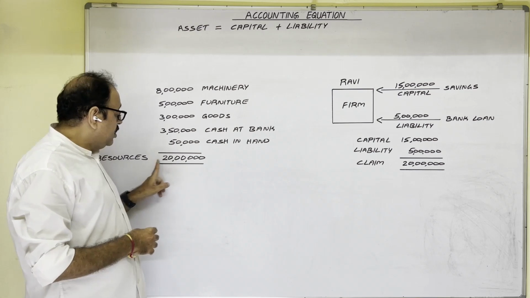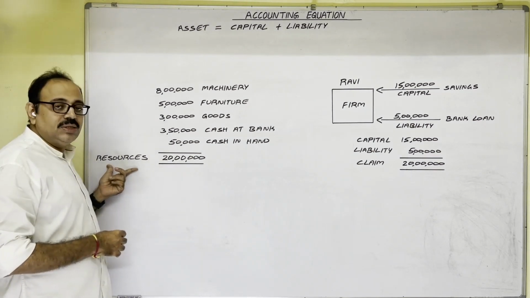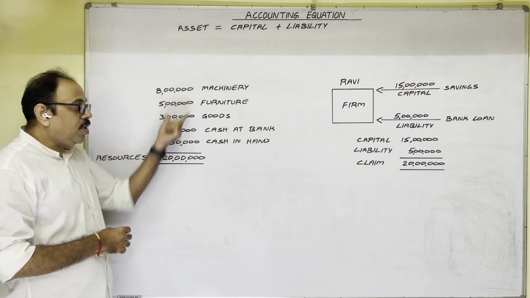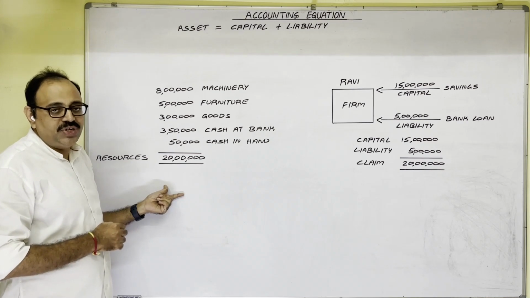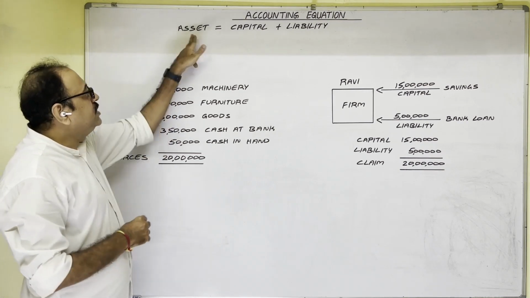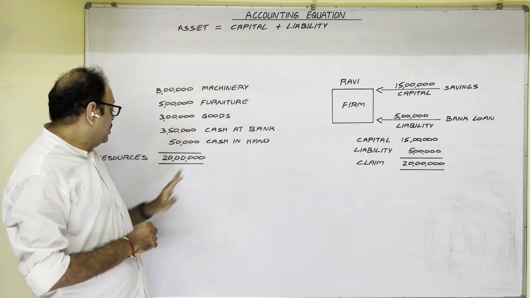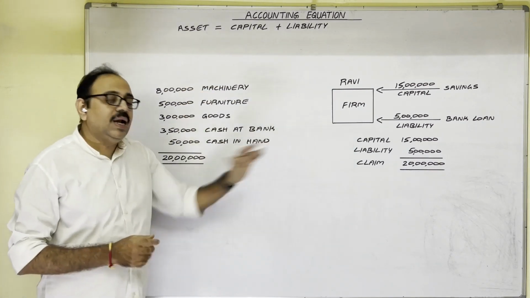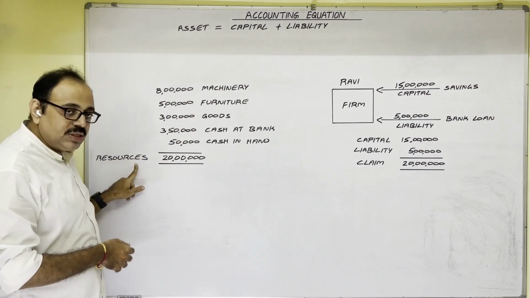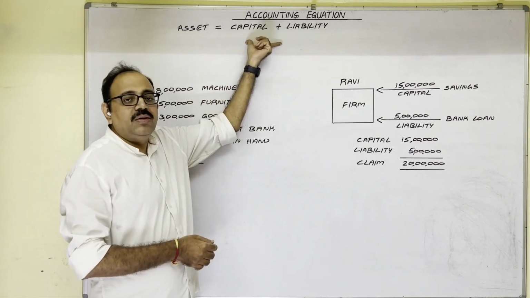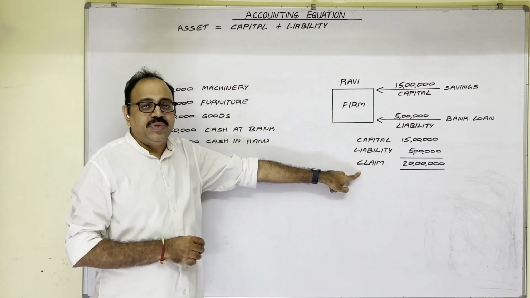So here, the total 20 lakh rupees is known as resources. Resources means properties, assets. That is why in the starting of this video, what I said, asset is equal to equity. In other words, resources is equal to claim, because assets means resources, and equity, nothing but capital plus liability, is claim.